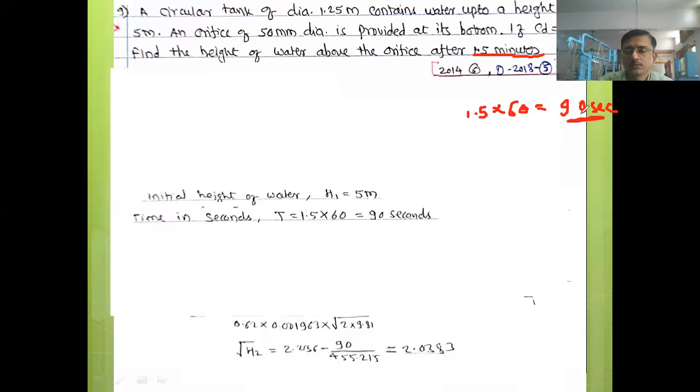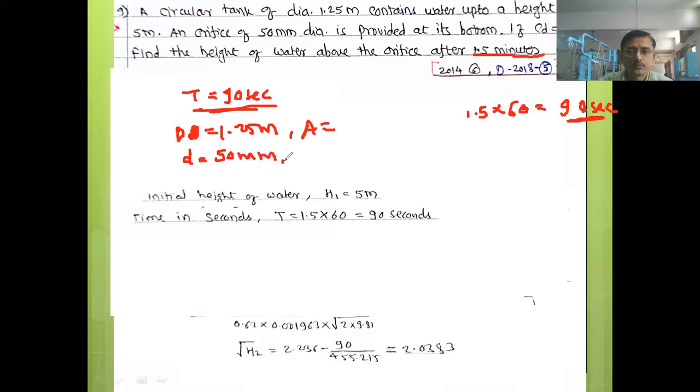So time t is equal to 90 seconds. Then the diameter of the tank, capital D, is 1.25 meter, and we can find capital A, the area of the tank. The diameter of the orifice is given as 50 mm, and we can find the area of the orifice.